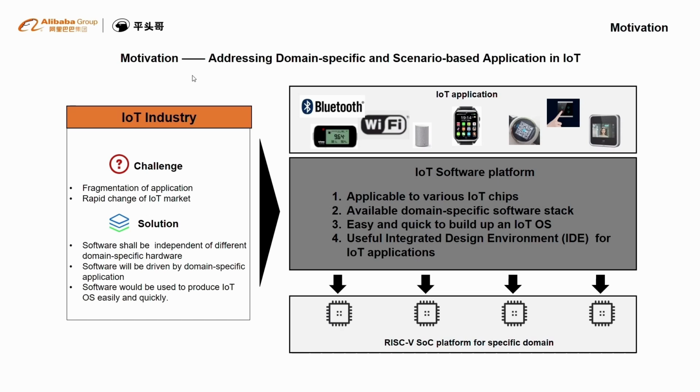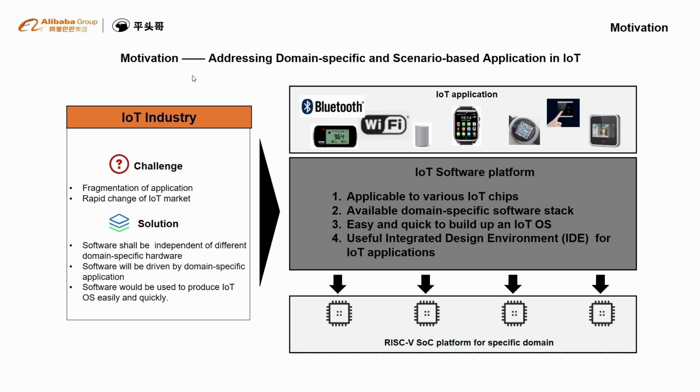To resolve this problem, we need a software platform that must have the following functions or features. First, the software platform must be scalable and able to be adapted to various IoT chips.